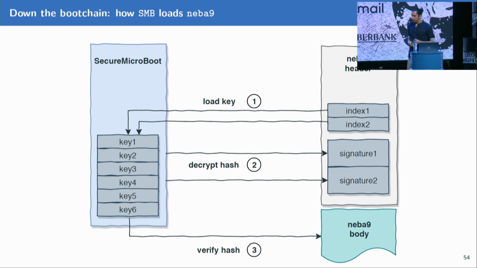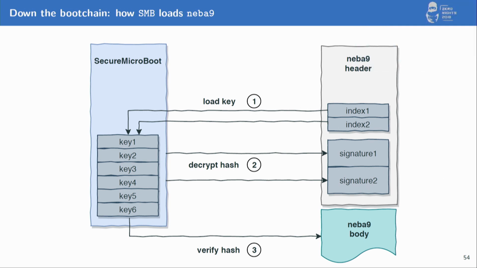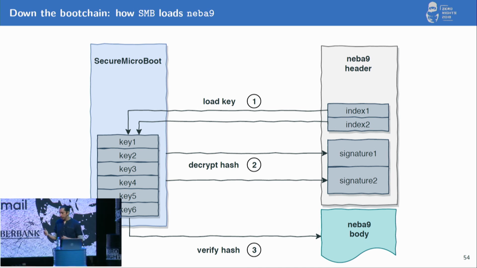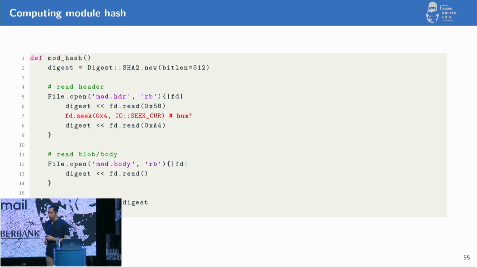So, if you remember from the header, we said there are 2 indexes. Actually, this index will tell you which public keys you will select from your store to decrypt the signatures that are embedded in the header, and then to verify the hash of the actual next module's body. So that's how it works.